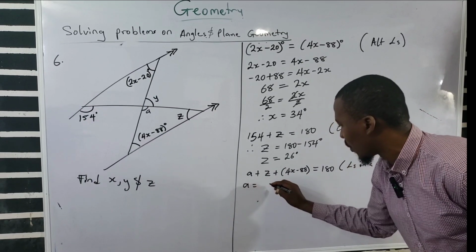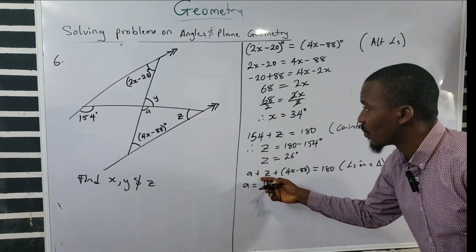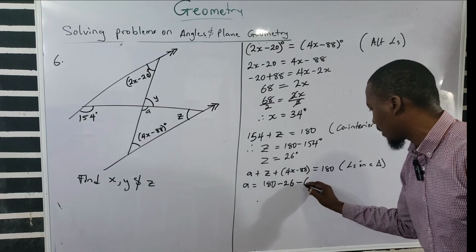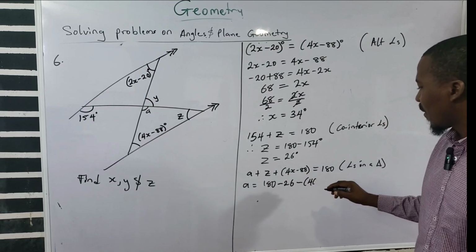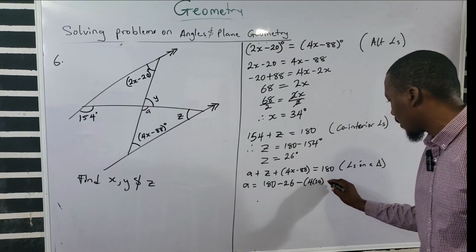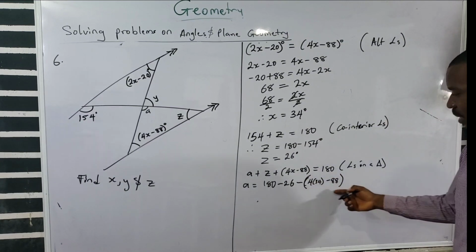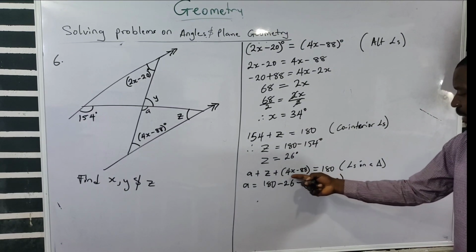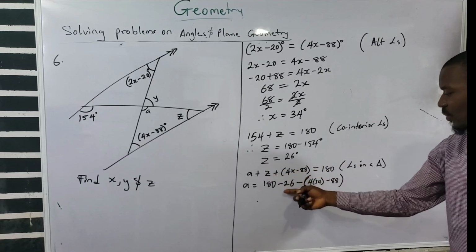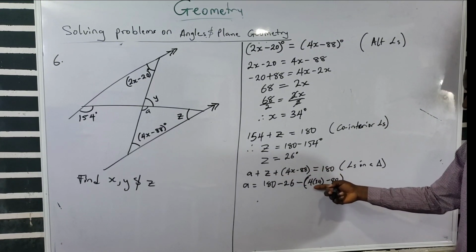So our a equals 180 minus z. z is 26, minus 4x minus 88, and x is 34. You can see that this thing is in brackets. I still have my bracket here. So what happened is that I carry this z over here and fix the number for z, which is 26. And I also carry this bracket over here, which is minus now.